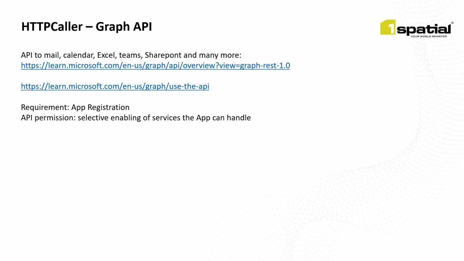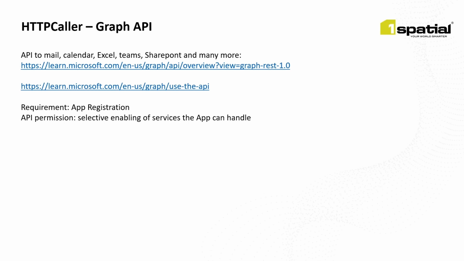Compared to the OneDrive connector, it is very similar to set up any other services. What is different is mainly the app registration, and in the app registration, it is the API permission. With the API permission, you can selectively provide access to the services and the level of access.